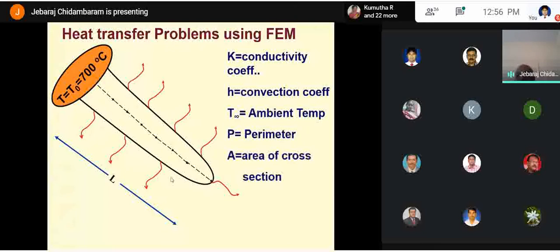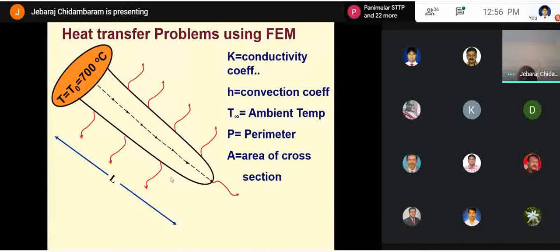So the material is having a conductivity coefficient and the environment is having a convection coefficient. And conduction is taking place in the cross section, convection is taking place on the surface, the perimeter. And the atmosphere, let's say, is 40 degrees. What will be the temperature?